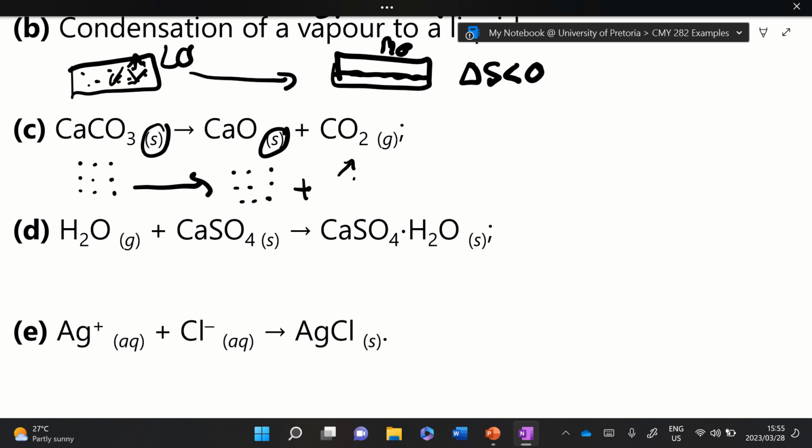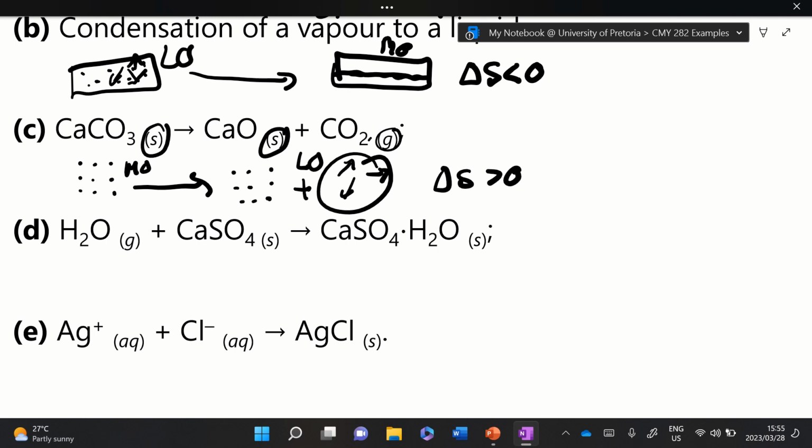So in other words, something that's free to move in whichever direction it wants to. So which state is more ordered and less ordered? Of course, this right-hand side, because of the gas. The gas is less ordered. So we go from a more ordered state to a less ordered state. So we see there should be an increase in the entropy because we have an increase in the disorder.